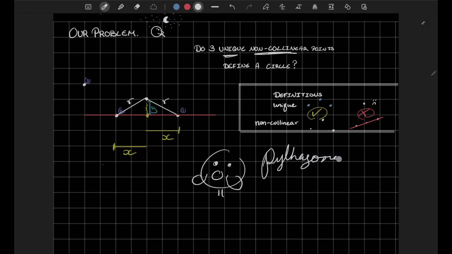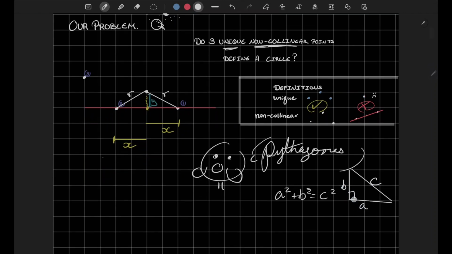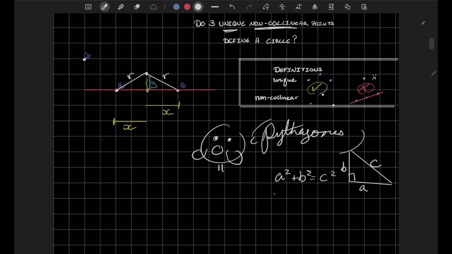From Pythagoras' theorem, we know a squared plus b squared equals c squared, where a and b are the legs of a right angle triangle and c is the hypotenuse. So in this case, a is the horizontal position, your x squared, and the vertical y squared equals r squared.